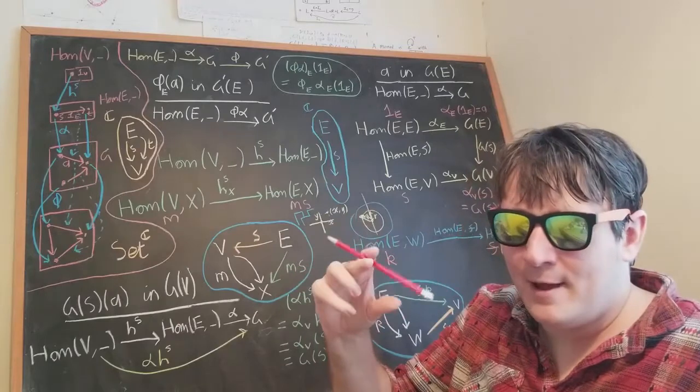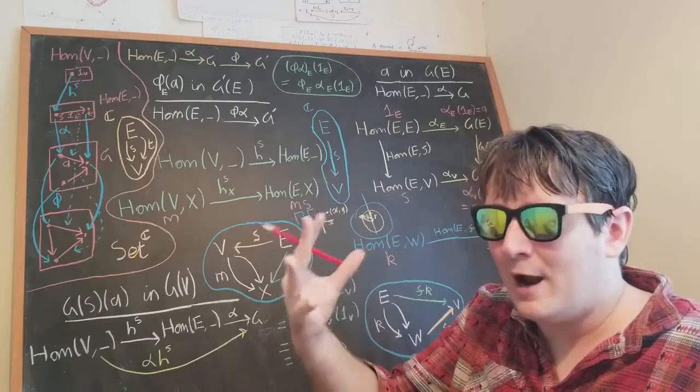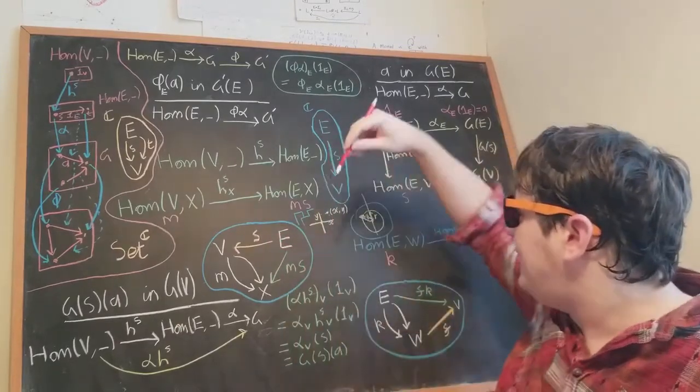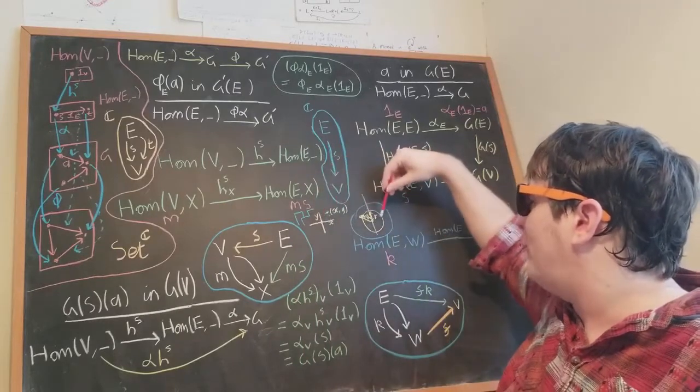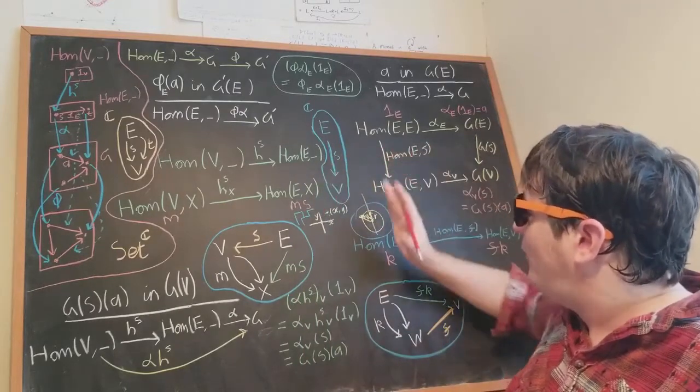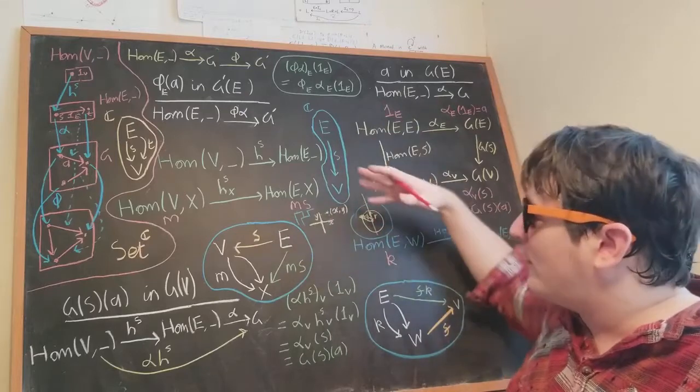Now, the Yoneda lemma gives us another way of describing what's going on. Just like if we make a coordinate transformation and go to polar coordinates, we have another way of describing what's going on in the plane.